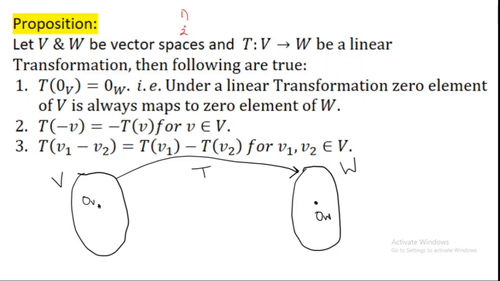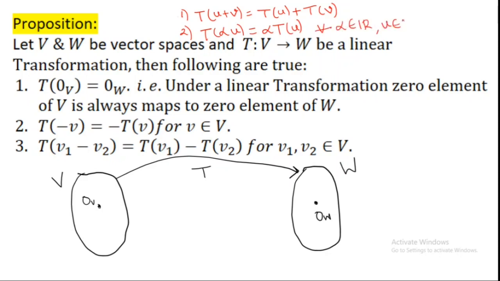Basically T of U plus V is equal to T of U plus T of V for all U, V from our domain, that is V, and T of alpha U is equal to alpha times T of U for all alpha belonging to R. This alpha is a real number and U belonging to vector space V. That is our domain of a linear transformation.